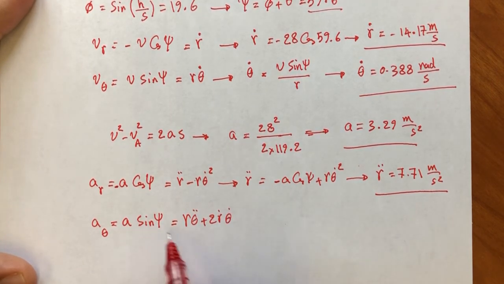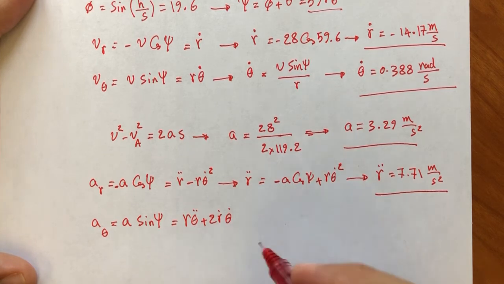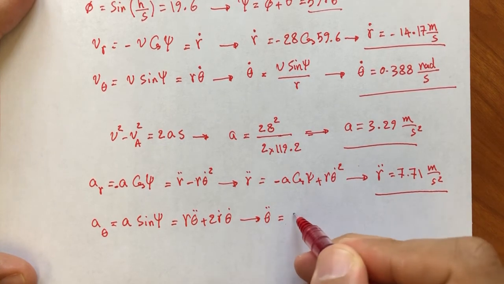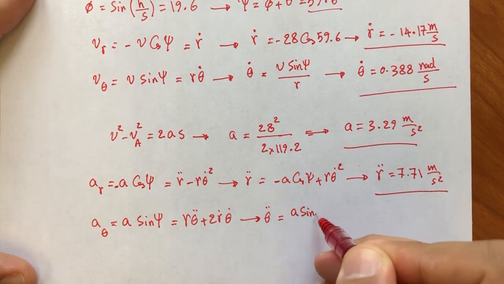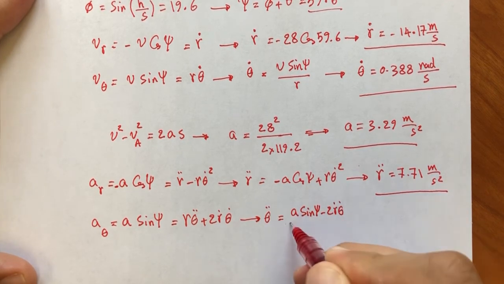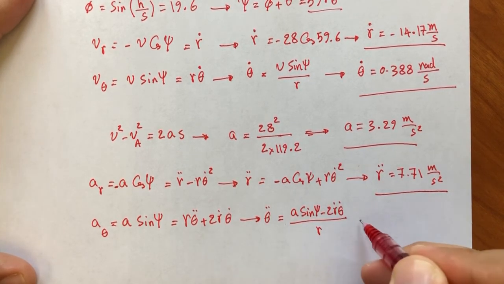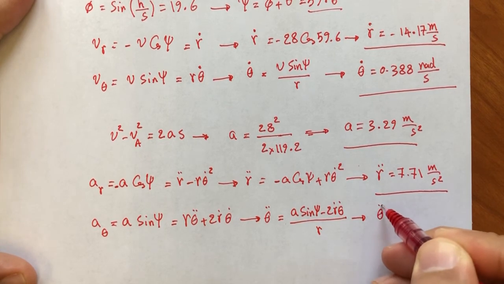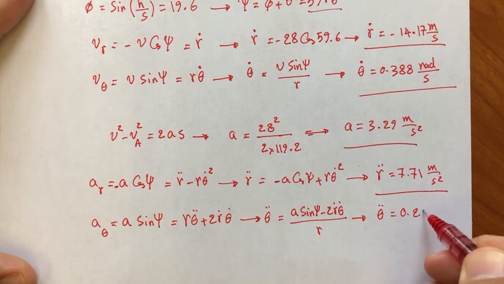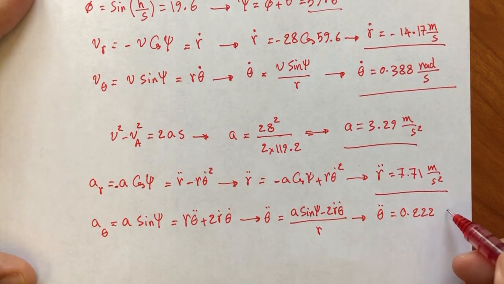I know a, psi, r dot, theta dot, r, so I know everything except theta double dot here, so I can find it. Theta double dot is going to be equal to a sine of psi minus 2 r dot theta dot, all divided by r. And if you put the numbers, you're going to see theta double dot is going to be equal to 0.222 radian per second square.